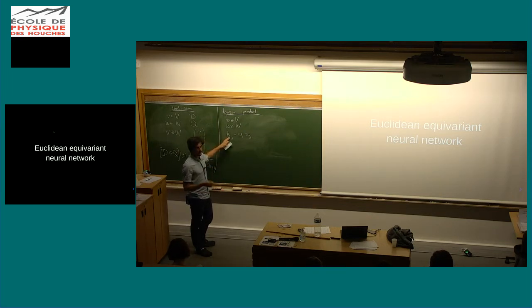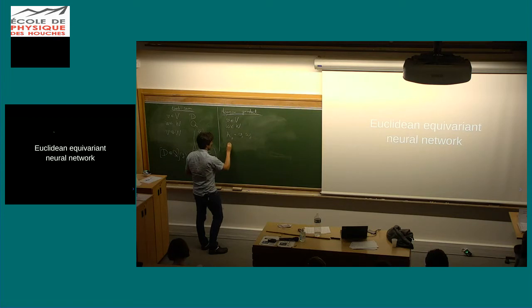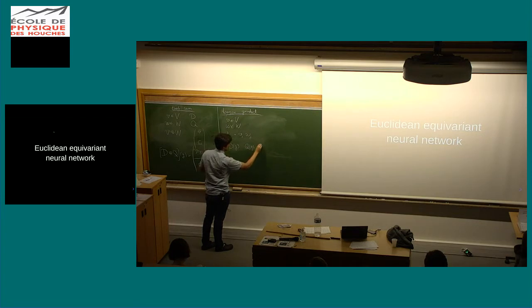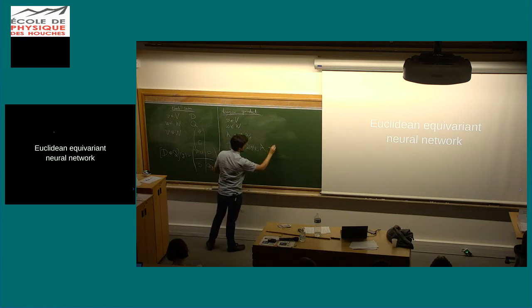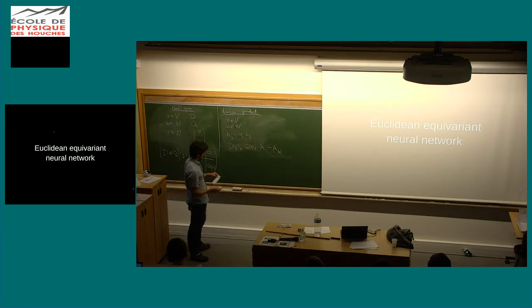This object also transforms with a representation. You simply have D acting on the first index and Q acting on the second index. So if I write it, I contract I with D, and I contract J with the Q matrix. And then I obtain the new element KL.